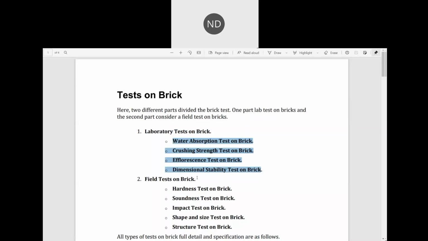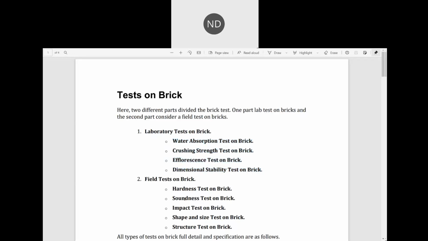But on the field itself, when you don't have water or other materials to immerse your brick, you are on the field, you have selected your bricks and brought them from the shop, from the manufacturer, or you are asked to check the brick quality on the site itself.